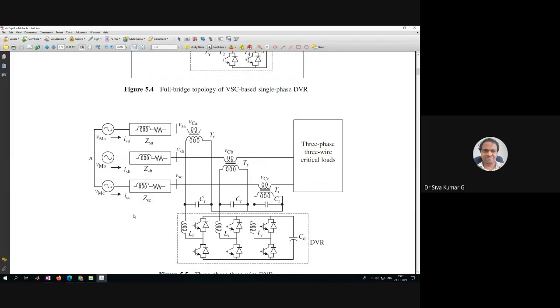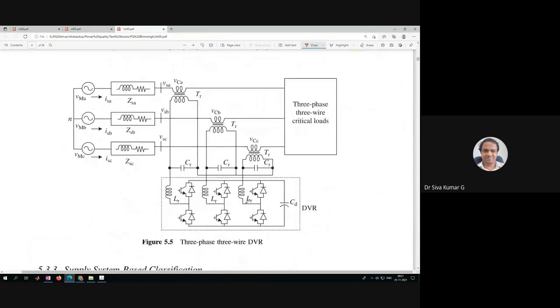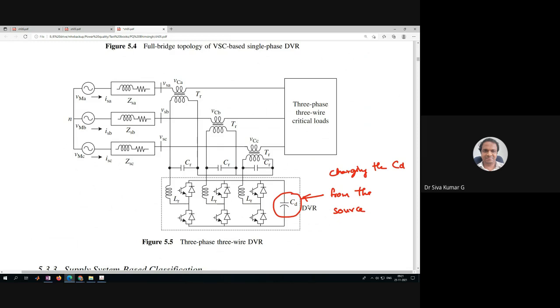Wherever they use the capacitor, in the control logic, they try to charge this particular capacitor from the source itself only. Charging the capacitor, charging the DC, from the source itself. But it is not appropriate. It is not the correct method.